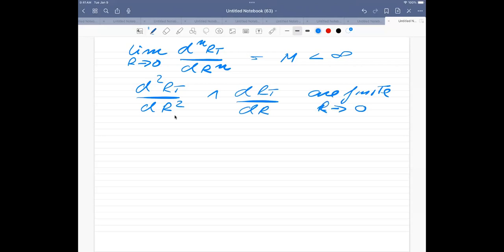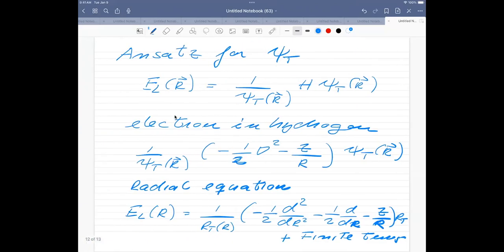So if I look back to the equation which I had, you see now that what happens when r is going to 0 is that the term which you see here is going to go towards a constant. This term is going to be a constant. Then there's going to be a 1 over r here, which needs to cancel that piece.